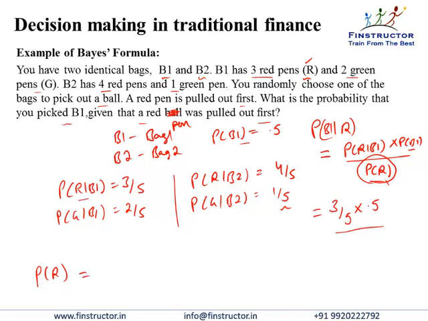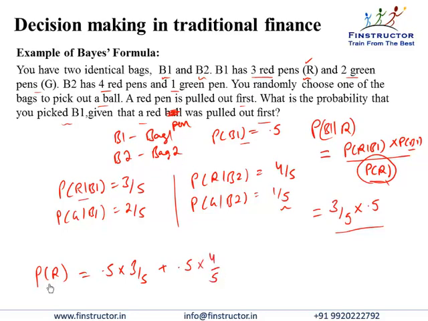The probability of picking bag 1 is 0.5, and the probability of finding a red pen in bag 1 is 3 by 5. So 50% of the time I'll find a red pen 3 out of 5 times, and the remaining half of the time, I can find a red pen in bag 2, where the probability of finding a red pen is 4 by 5.